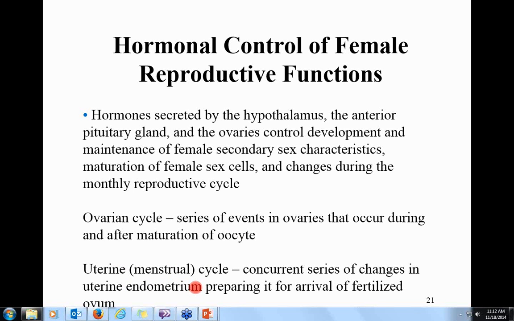You can think of it loosely as the mucosal lining, if you will, lining the lumen or the space in the uterus. Endometriosis is when the endometrium could potentially leave the uterus via the fallopian tubes and attach to other organs. But anyway, the endometrium is what changes during the uterine cycle because that is the nutritive tissue for the fertilized egg.